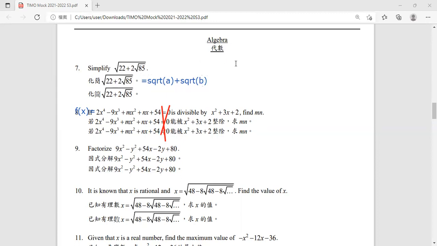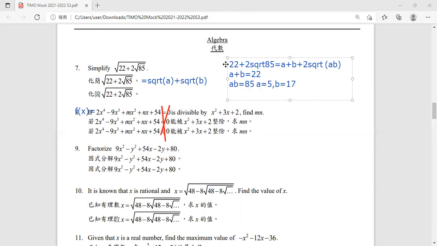You will get 22 plus 2 square root of 85 equal to A plus B plus 2 square root of AB. Compare both sides because the square root part will be the same, so we find A plus B equal to 22 and AB equal to 85. Obviously A is 5 and B is 17, or vice versa.